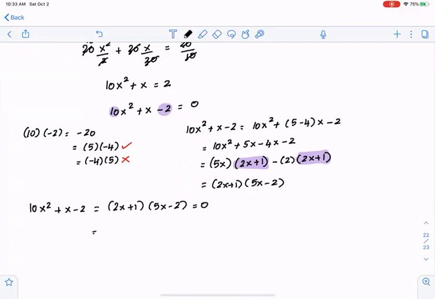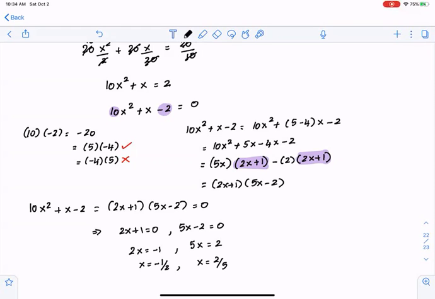So this would mean 2x plus 1 equal to 0, 5x minus 2 equal to 0. 2x would be equal to negative 1, divide by 2 on both sides, x is negative 1/2. 5x would be equal to 2, divide by 5 on both sides, x would be equal to 2 over 5.